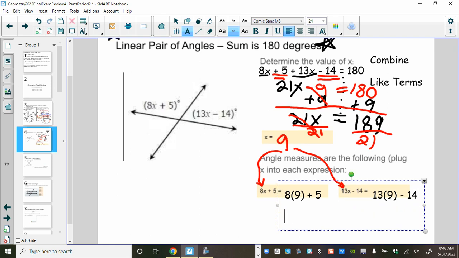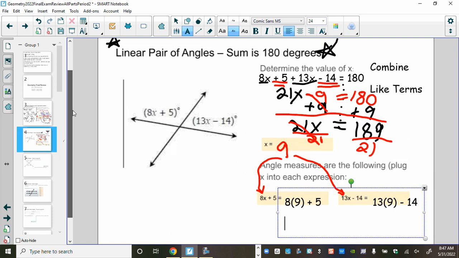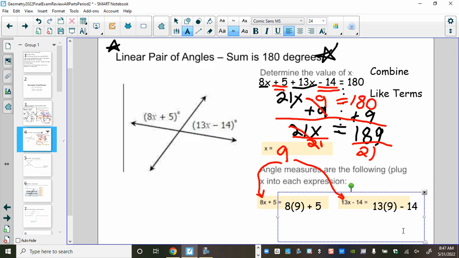So what do we get for the first angle then? 37. Good. What about the second one? 106. Yep. And make sure 37 plus 106, do we get 180 when we add those two numbers? Yeah. Good. You're right. That's exactly how you do it. Good job.